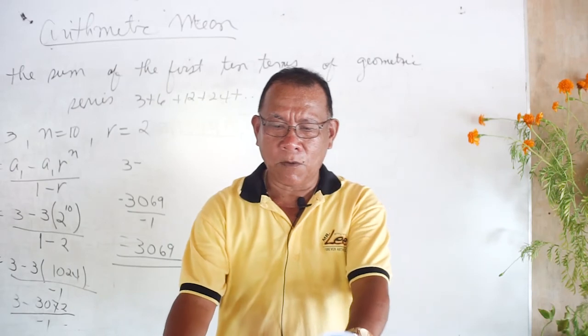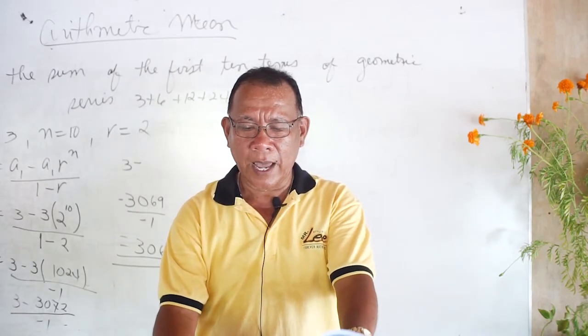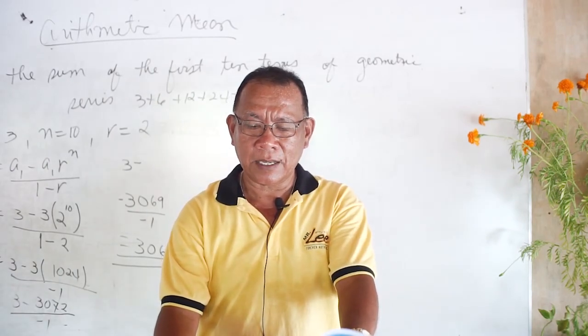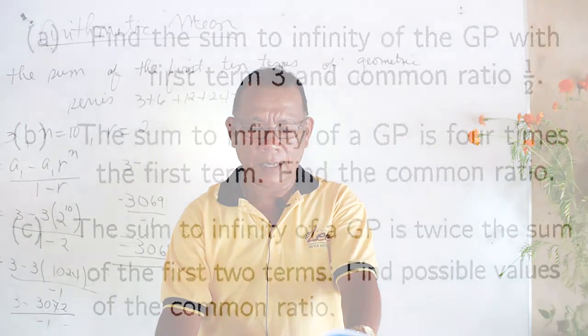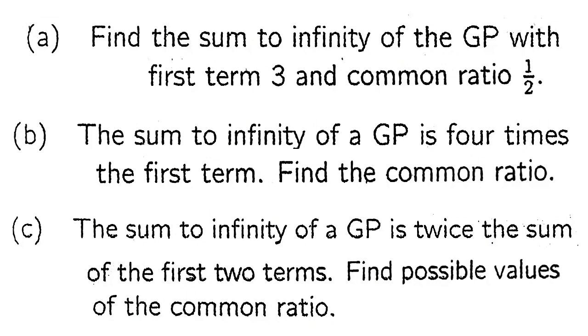Our activity for week 2. Write your answer on yellow pad paper. Number 1, find the sum to infinity of the geometric progression with the first term given and the common ratio 1/2.